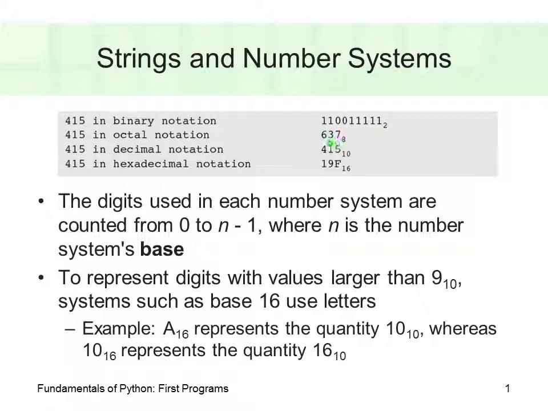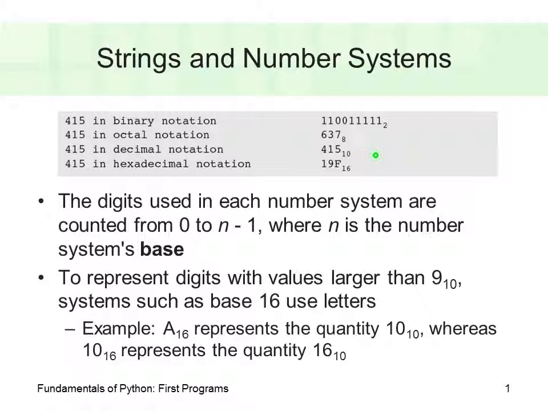And if you're counting 0, 1, 2, 3, 4, 5, 6, 7, and you want to go one more, well, 8 in base 8 is 1, 0. Just as in the decimal notation, we have digits 0 to 10 minus 1, or 9.